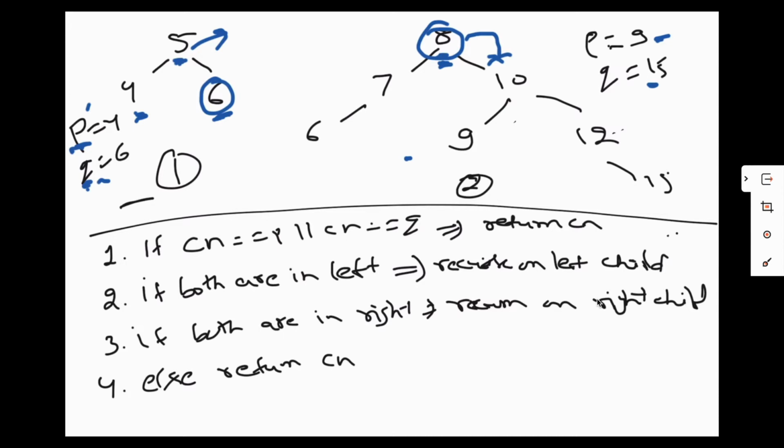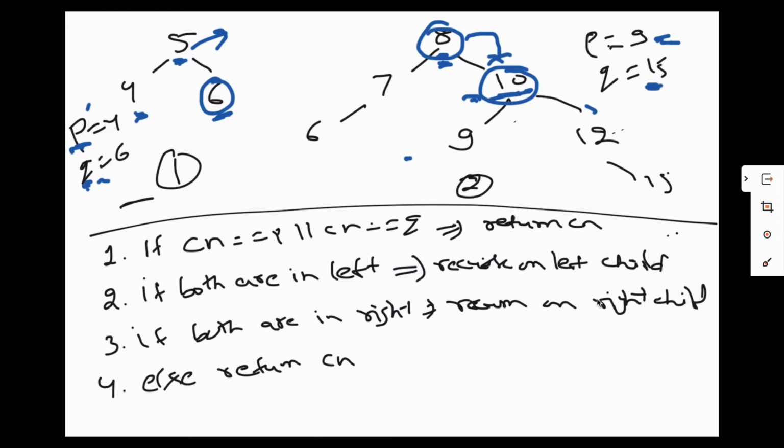So again, where is 9? 9 is on the left-hand side of 10 because of the binary search tree property, and 15 is on the right side. So in that case we can simply return 10, because we can no longer go either left or right, since p and q are on different sides of that current node. So these are the two main conditions.